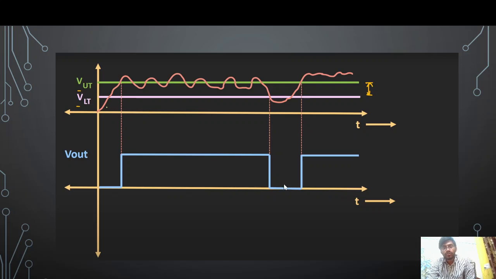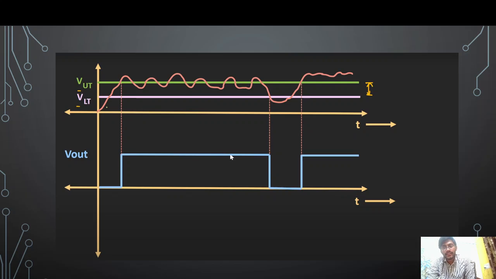It will remain low until the input signal crosses the upper threshold voltage. So again at this point our output will become high, and it will remain high after this point. So you can see over here, even if our input signal varies around the upper and the lower threshold values, our output will not change and it remains constant.